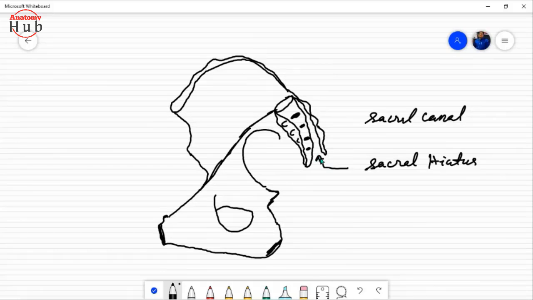So if you insert a needle through the sacral hiatus, then you can access the CSF, the cerebrospinal fluid. Okay, and it is a very less dangerous site to draw the CSF fluid, because there is only one nerve coming down, the coccygeal nerve. So that's why this is the safe site to draw the CSF.